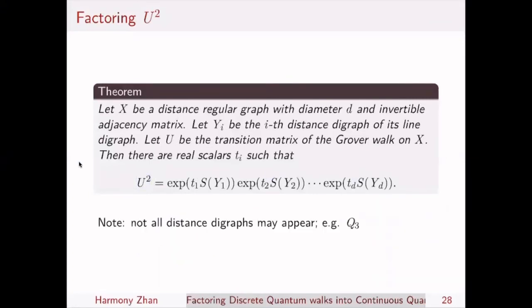So just a little remark. In this decomposition, we see D terms, but it's not guaranteed that all these distance digraphs will appear. For example, in the 3 cube, when you take the logarithm, you will only see the second distance digraph of the line digraph of Q3.